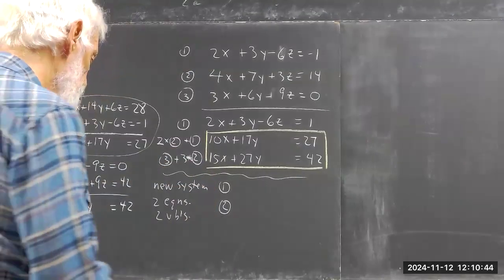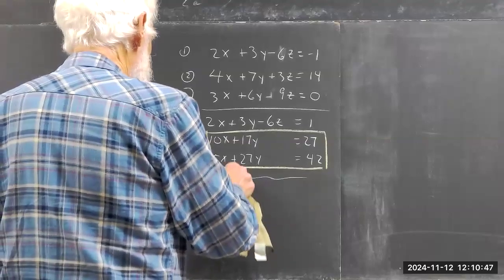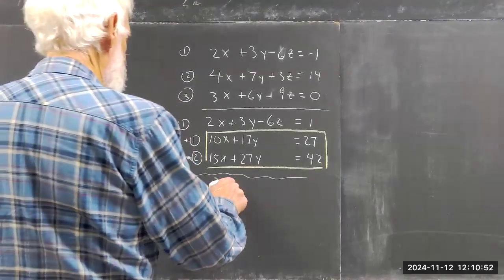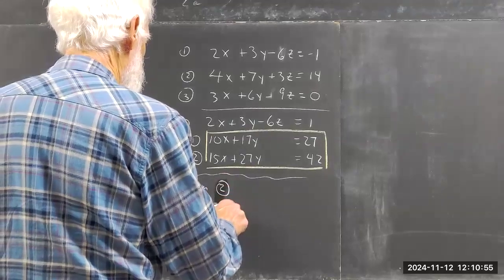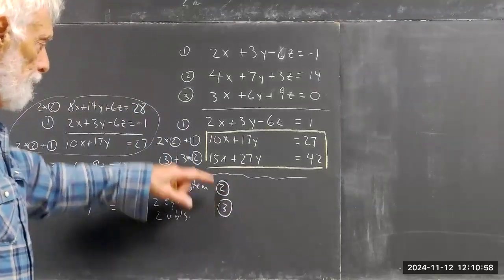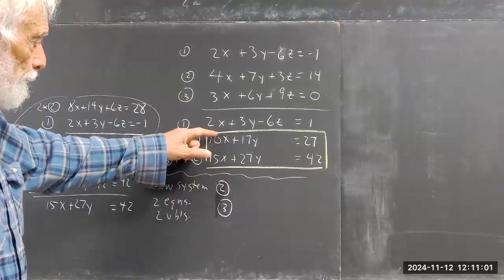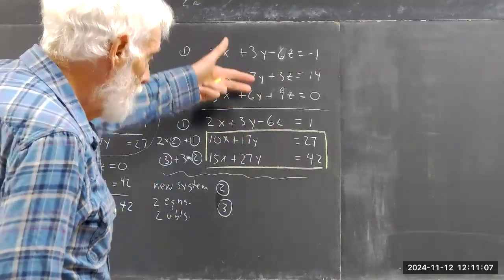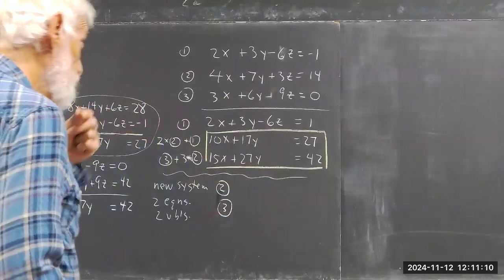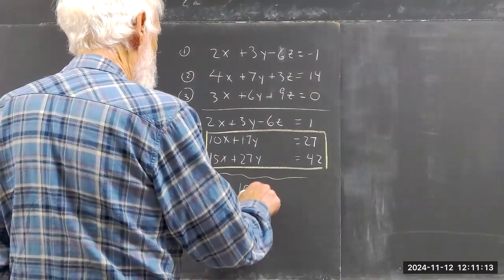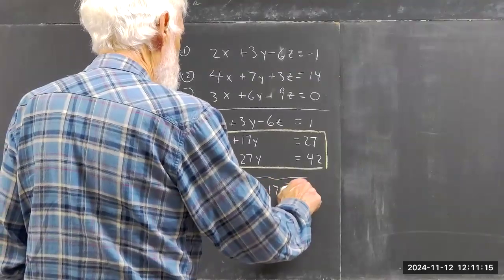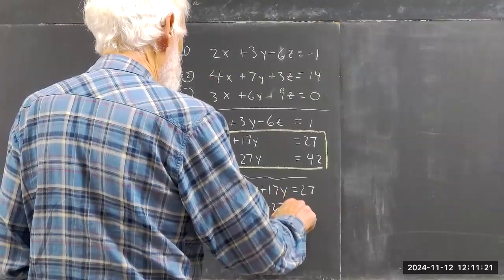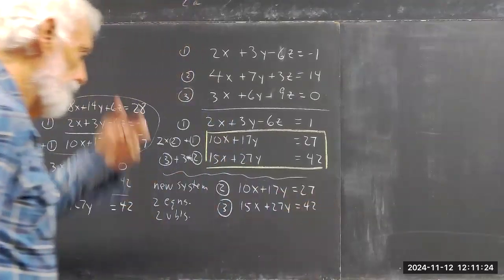It might be confusing, so I'm going to keep it as unconfusing as possible. I'll say equation 2 and equation 3, so we're still referring back to these 3 equations, 1, 2, 3. I take the 2 equations that have eliminated the same variable and write them down.